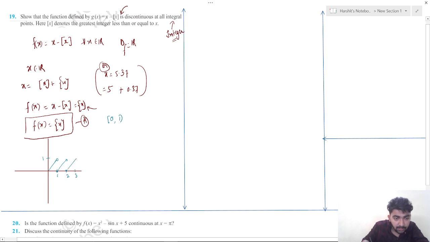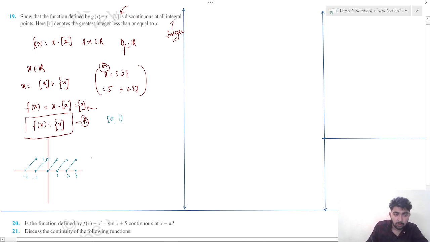At 3 again we have 0 value, and in between it is increasing. Same for minus 1, the value keeps increasing, but at 0 it has value 0. At minus 2 it is also increasing, and its value at minus 1 is 0. Like that the graph will come.